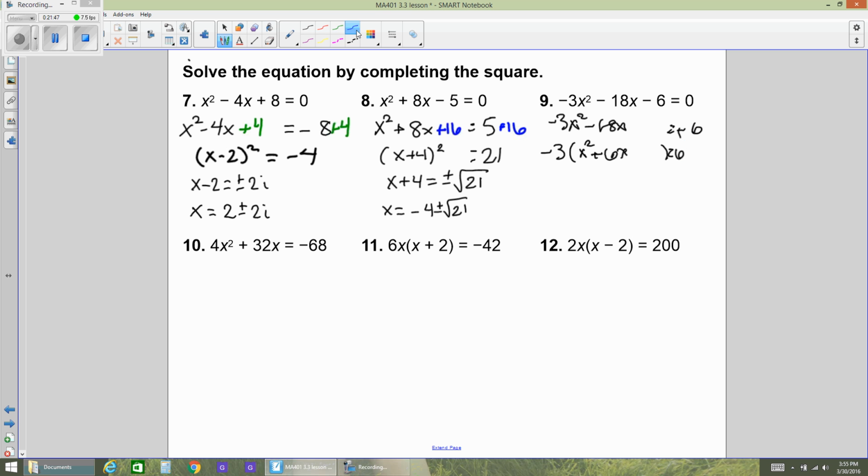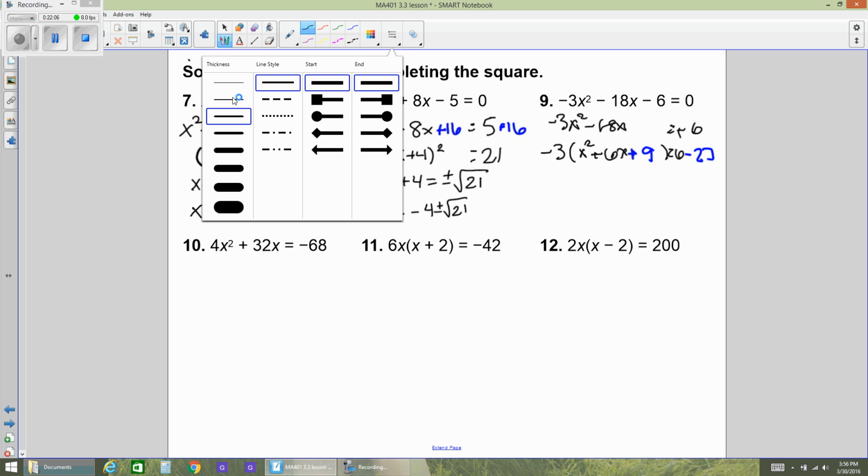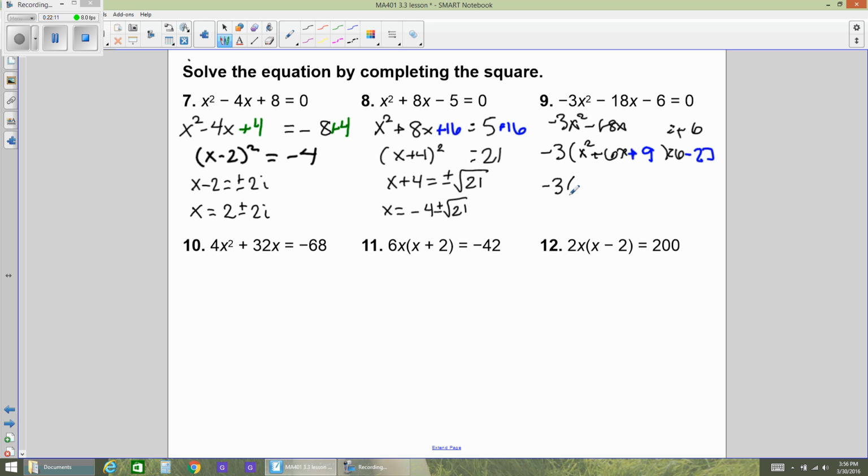Okay, I'm going to take half of 6, which is 3. I'm going to square it, which is 9. But what do I add over to the 6? I'm not even going to write a plus sign down because -3 times 9 is -27. Okay, so this is -3 times the quantity x plus 3 squared equals -21.